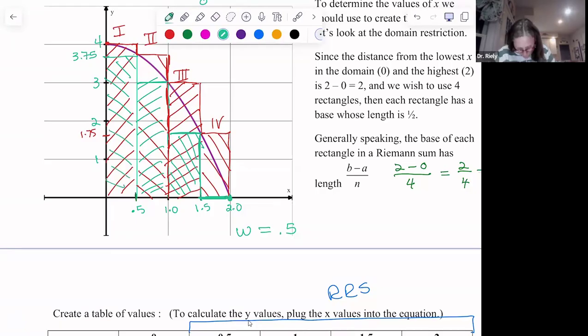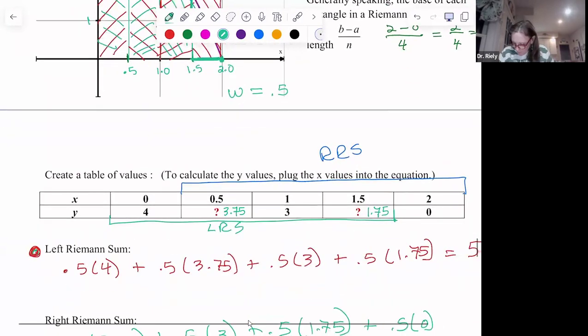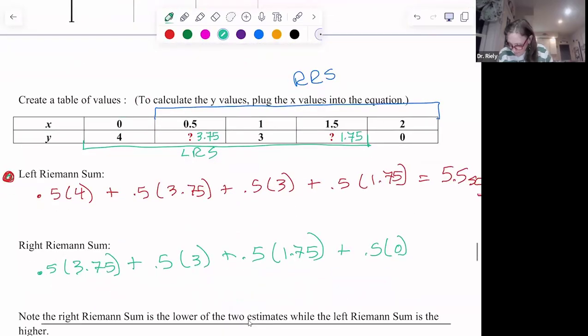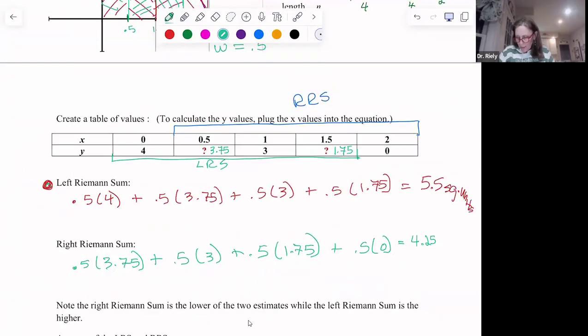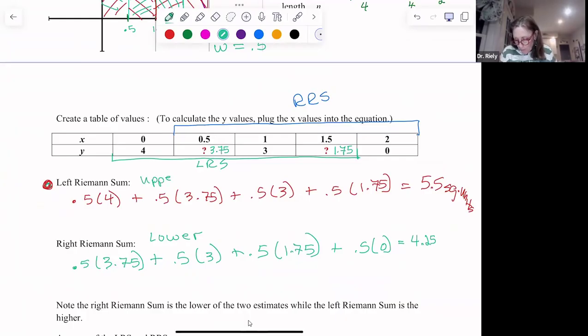So then let's do the summation for that. When I did the green, I got 4.25. So it looks like the right Riemann sum is the lower and the left Riemann sum is the upper in terms of the value in square units.